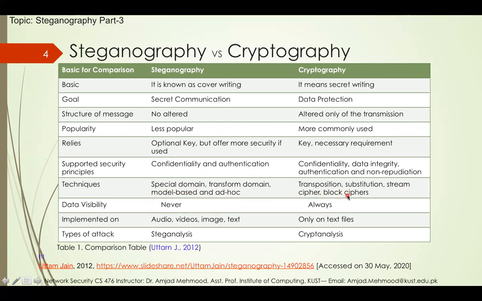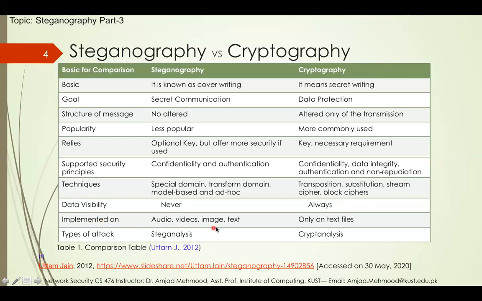and block cipher. Data visibility: in steganography, there is no data visibility, whereas in cryptography data is visible always. For example, even if the intruder wants to access that data, he can access it, but he cannot get the meaning of that.